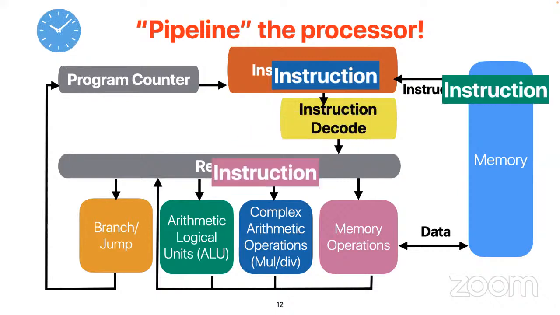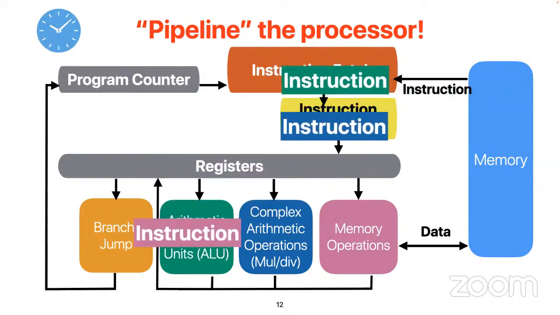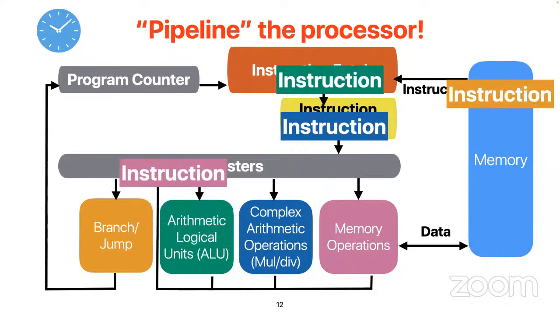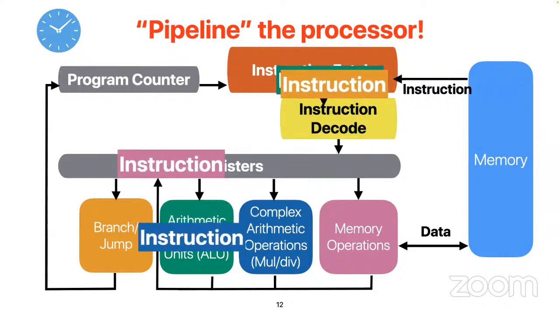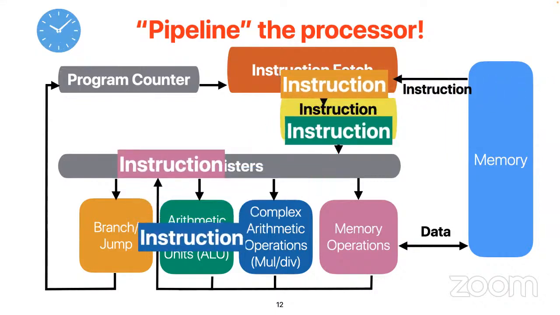Gradually, you can move your instructions to different parts of your hardware simultaneously, so that right now in this processor, you see there are 3 instructions going in. When you keep moving those, it's like an illusion that you have 4 instructions that your processor is executing, however, they are all on different parts of the processor.